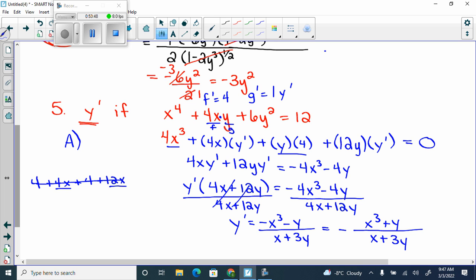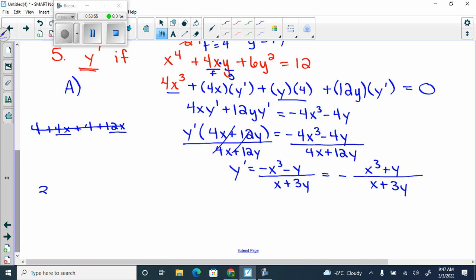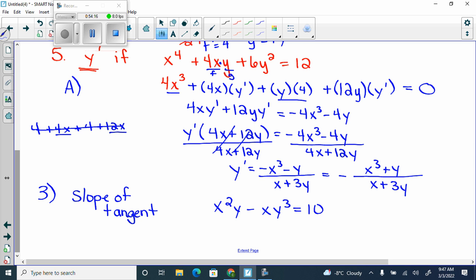Okay, you guys are going to try this one. Number 3 says they want to find the slope of the tangent line to the graph of x squared y minus x y cubed equals 10 at the point negative 1, 2.